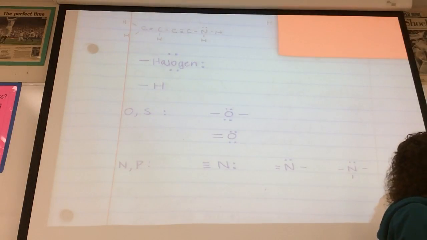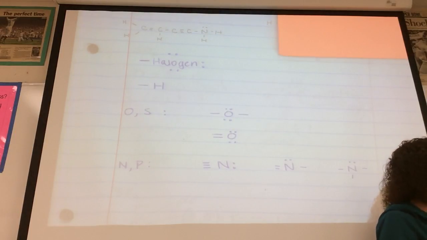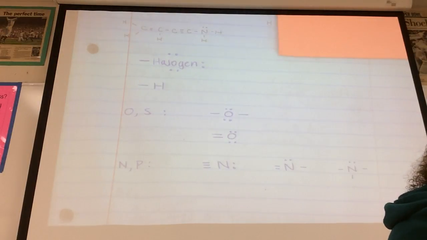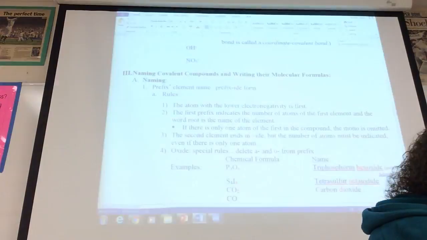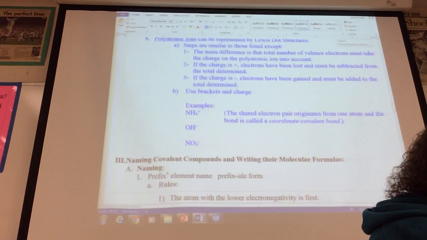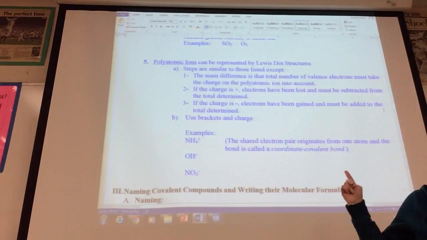All right, so this all fits into our overarching learning goal that we've talked about quite a bit. We're going to be into the shape and the polarity today. So in your notes, I'm going to flip screens. Did I show you how to draw the polyatomics?